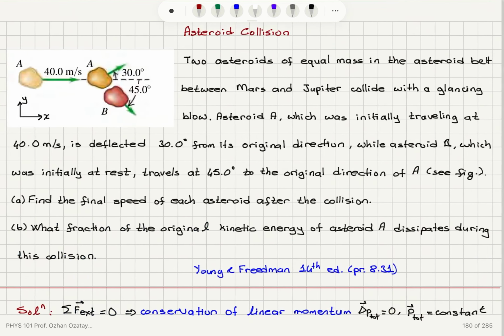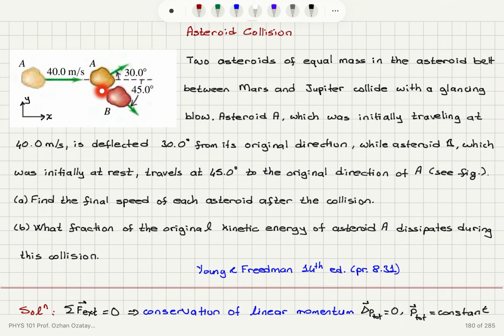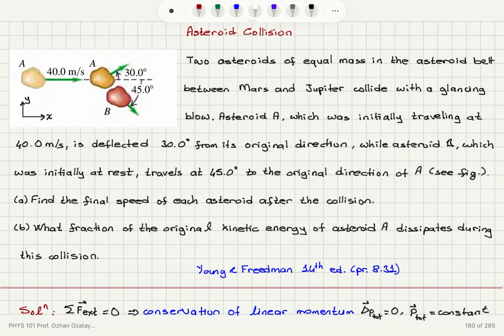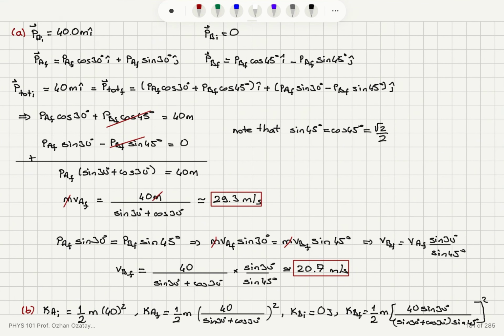For B, we have cosine 45 i hat minus sine 45 j hat. Noting that they have the same mass m, we write this equation, and this gives us two equations for x component and y component. If we add these two equations we obtain VA final, and substituting this value for VA final into this equation we obtain VB final.